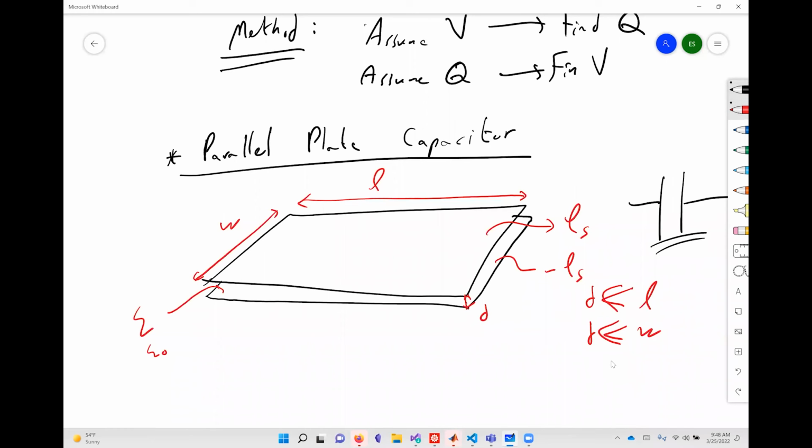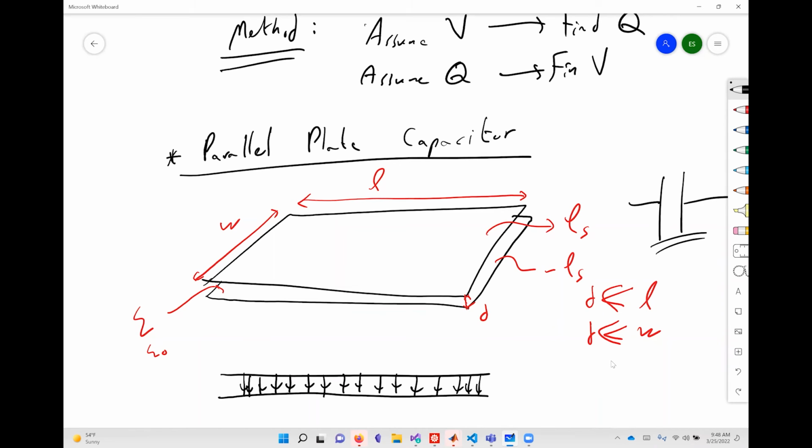So if I look sideways, because of the infinite plane approximation, the field is going to be uniform, and I'll show you that it's going to only be between the two plates. So two things are going to happen. The field is going to concentrate between the two plates, there won't be any field outside, and the field is going to be uniform. This is the ideal picture.